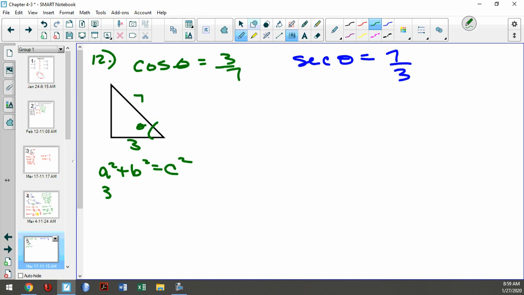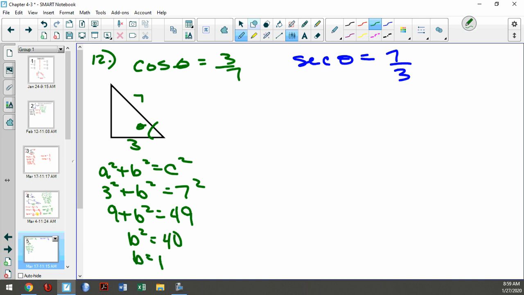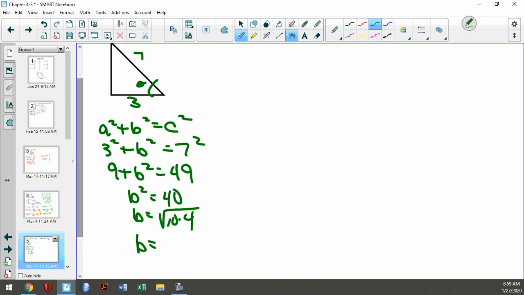So that's going to be 3 squared plus b squared is equal to 7 squared. Do you all agree? So 9 plus b squared is equal to 49. B squared is equal to 40. So b is equal to the square root of 10 times 4, and that's going to be b is equal to 2 square roots of 10. So 2 square roots of 10 goes right there.